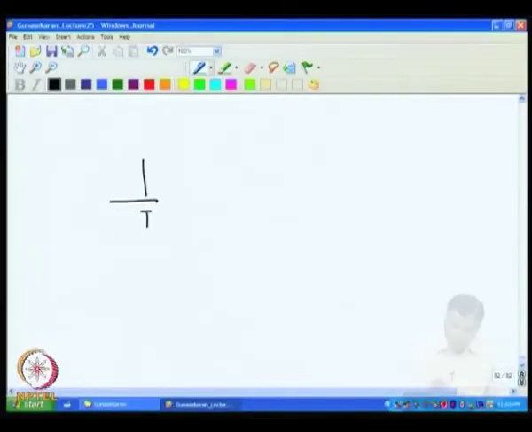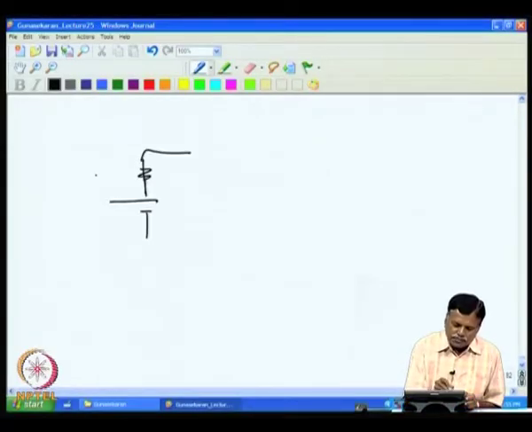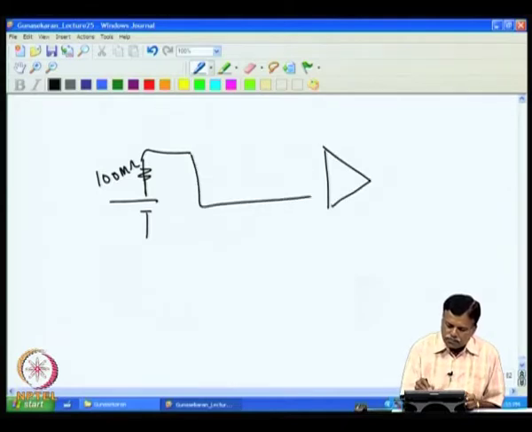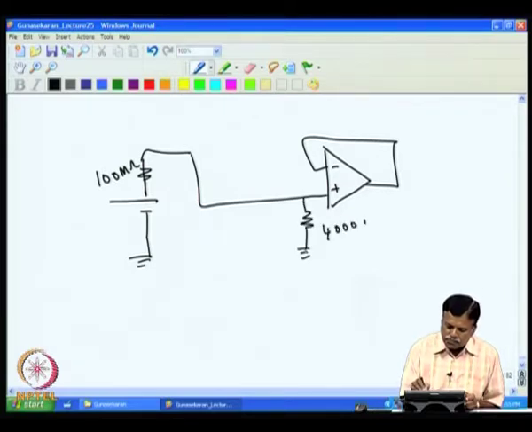For example, in the case of the pH probe, where we have 100 meg ohm resistance here, and we are giving this to the input, assume I have put a voltage follower, and I know that we have 4000 meg ohm here. Whether this 4000 meg ohm is present or not, or whether this Vi is present or not, there is a bias current Ib flowing here.